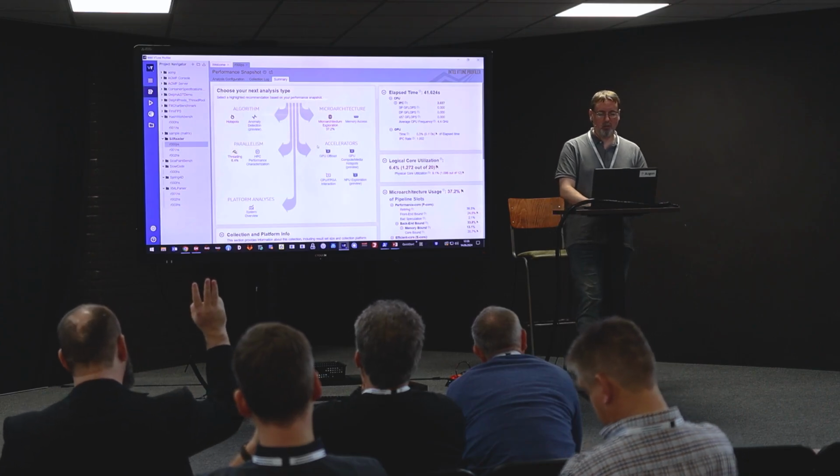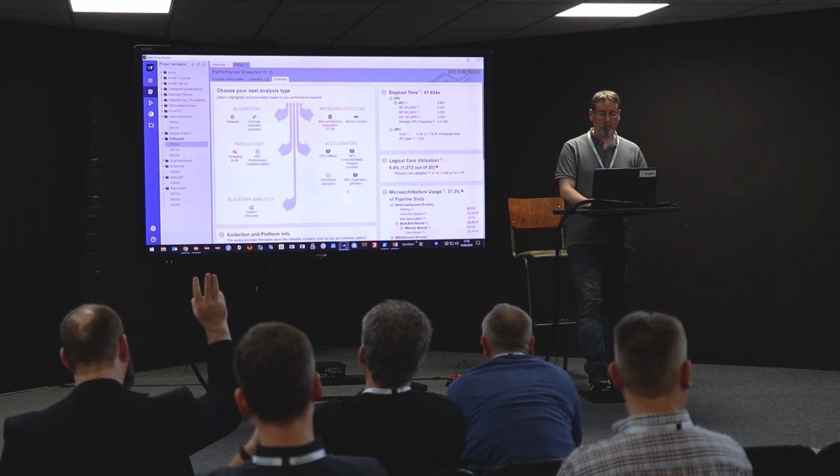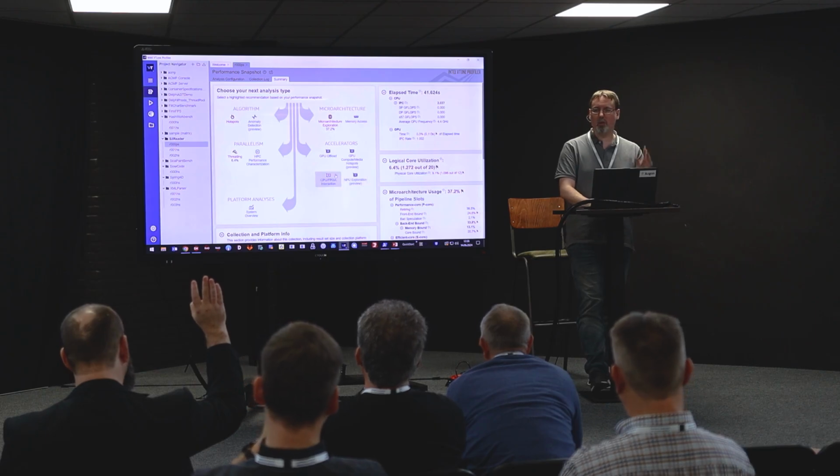But I have not dabbled in the right bottom corner here, which is more about the GPU things.